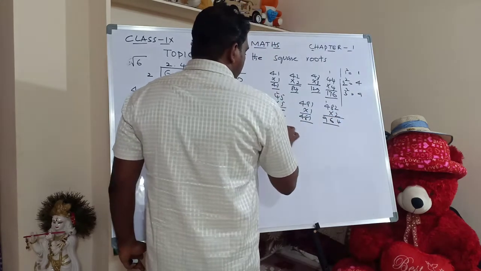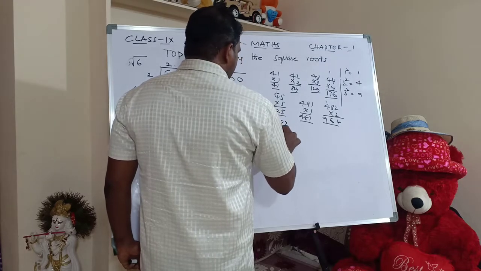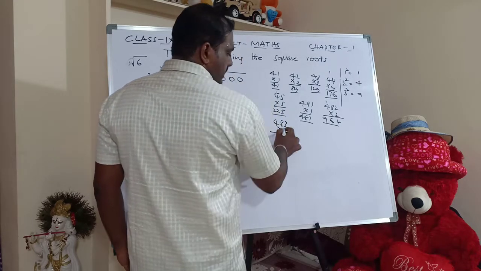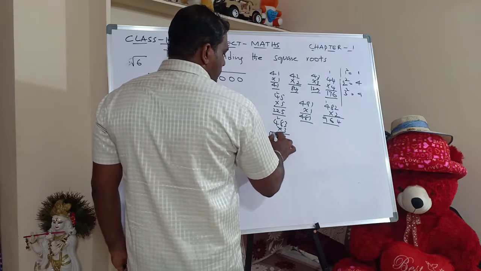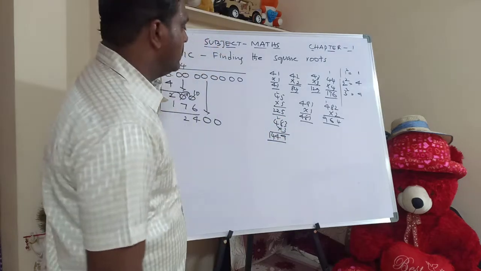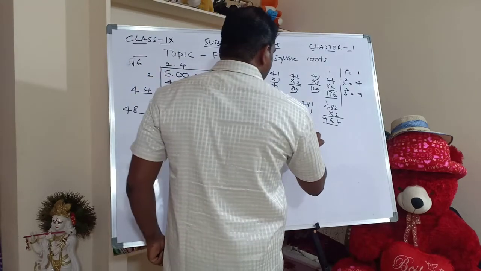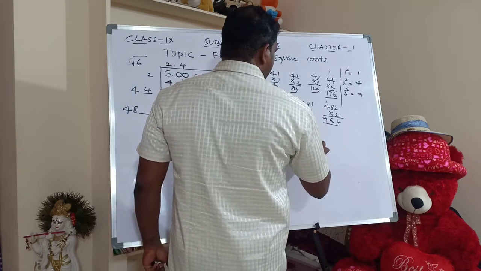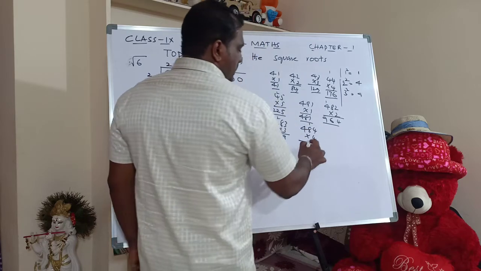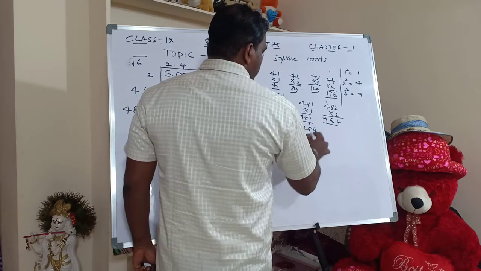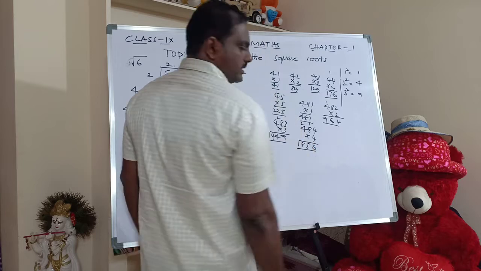Then next, 483 into 3. 3 3s are 9, 3 8s are 24, 3 4s are 12, 13, 14. Next, 484 into 4. 4 4s are 16, 4 8s are 32, 33, 4 4s are 16, 17, 18.